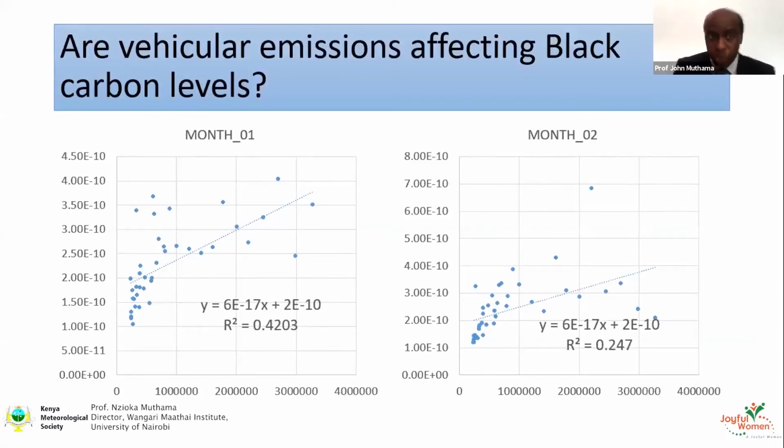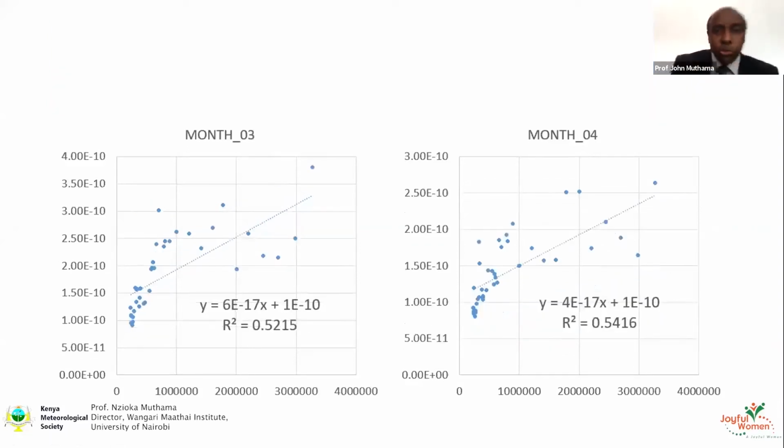And this, of course, changes; it's affected by seasons and by weather conditions. Looking at February, the variability that is explained by the coefficient of determination drops to about 24.7%.